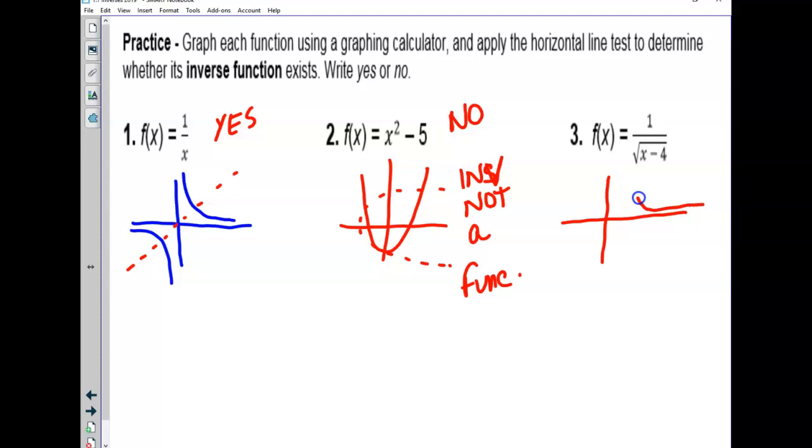So it's this. I'm thinking yes, though, that it would pass the horizontal line test. I know it looks really horizontal over here, but if you continue to put bigger and bigger values in here, it would get smaller and smaller, closer to zero. The inverse would look like this, I'm thinking. Does that make sense, guys, if it passed across that line? So that was a yes.